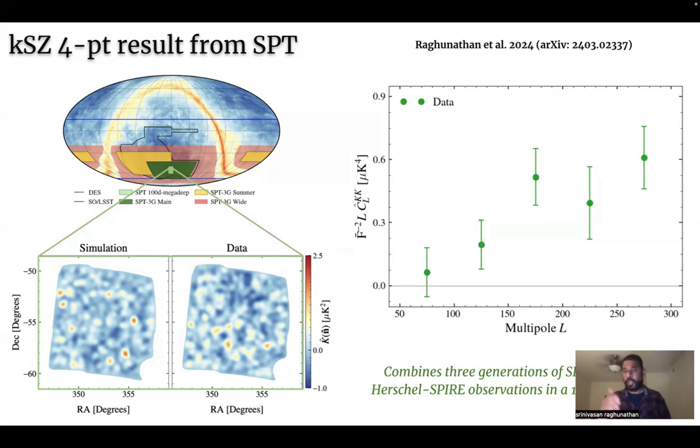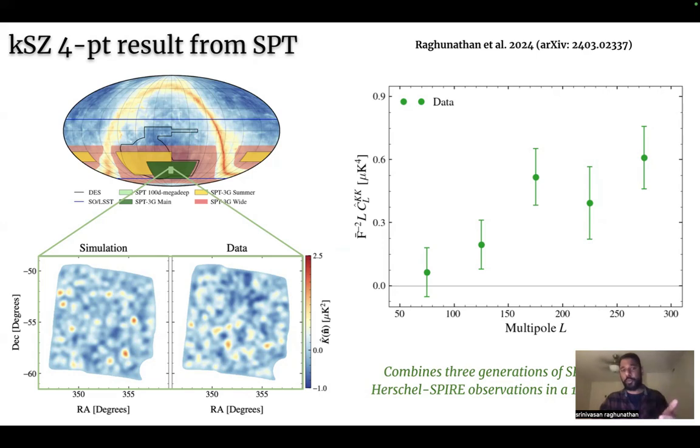As you can see, it's a clear detection of the tri-spectrum. In fact, it's a 10 sigma, or 10.5 sigma, detection. Again, the horizontal axis is the multipole. When you look at the right side, you're looking at small scales. When you're looking at the left side, you're looking at large scales. On the vertical axis is the 4-point information.